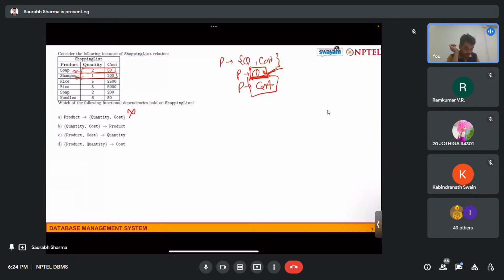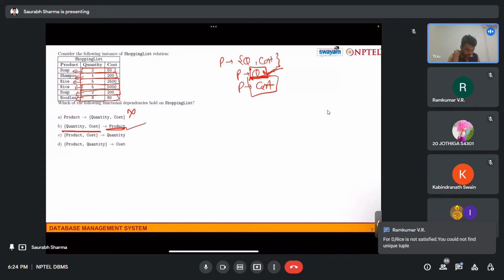If there is quantity 5 and 2500, then there is rice. Quantity 2 and cost 200, there is only one entry, and same for the noodles. So what we can infer is, for each combination of quantity and cost we are getting a value, so it is able to differentiate the product.